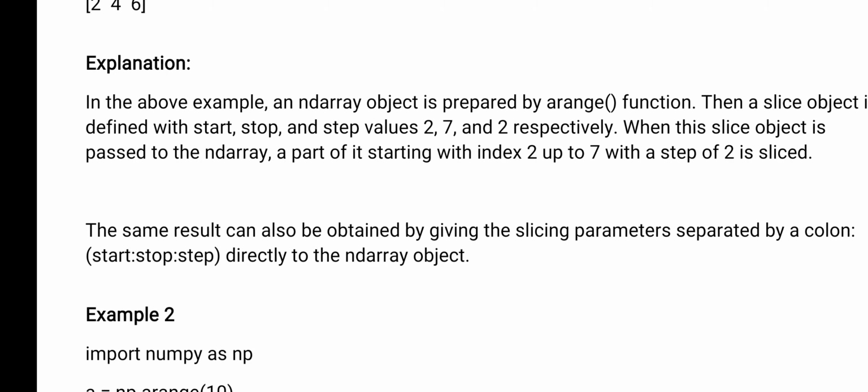The range function gives the range of elements. Now the slice object is defined with start, stop, step. The start value is 2, stop value is 7, and step value is 2. So this slice object is passed to the array and part of the array is retrieved.